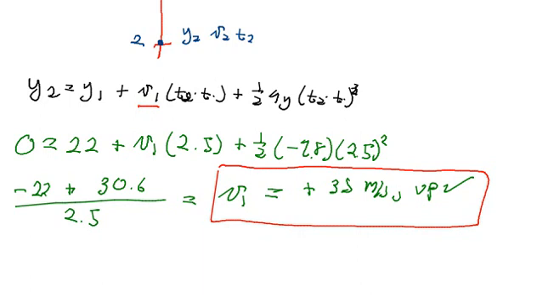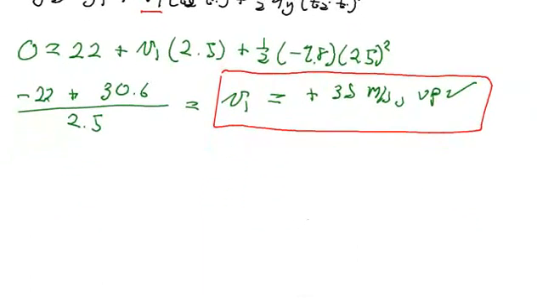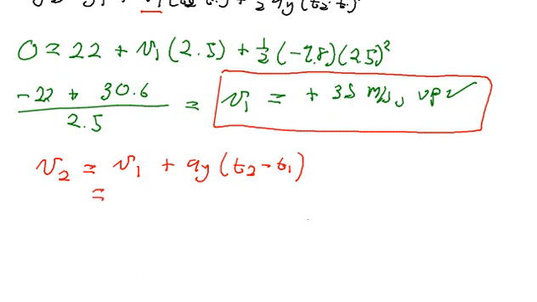Alright, so now that we have that initial velocity, we can use any of the remaining kinematic equations to find the final velocity. The simplest one would probably be the equation with velocity, acceleration, and time. So if we apply that to this situation, we have v2 equals v1 plus the acceleration multiplied by the time interval. So we can just solve this problem completely numerically.